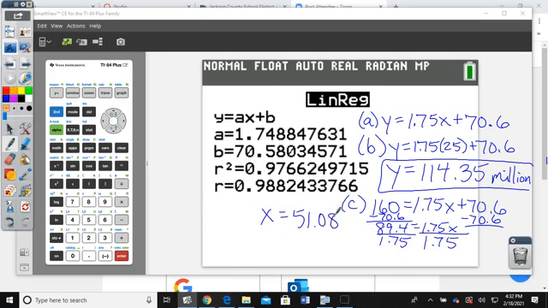Now, the question says use the model to predict what year Mexico's population will exceed 160 million. So understand your x is not the year, your x is the number of years since 1980. So we're going to add 1980 to that, okay? And so the year it turns 160 would be 2031. And that would be your final answer for part C.